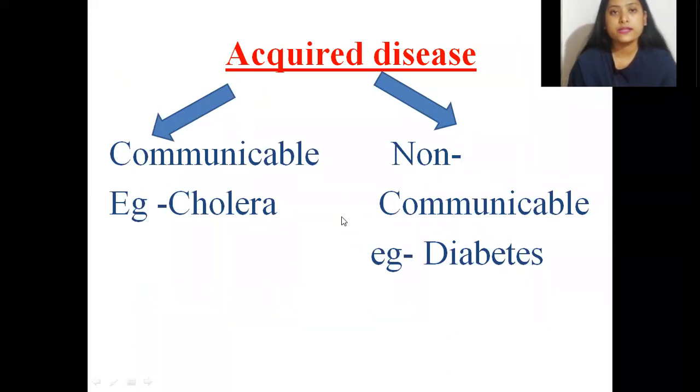That is, acquired diseases can be communicable or non-communicable. Communicable and non-communicable are similar to infectious and non-infectious. So acquired diseases may be communicable, for example, cholera. That means it is spreading from one person to another. Non-communicable is not getting transmitted from person to person. The example is diabetes.